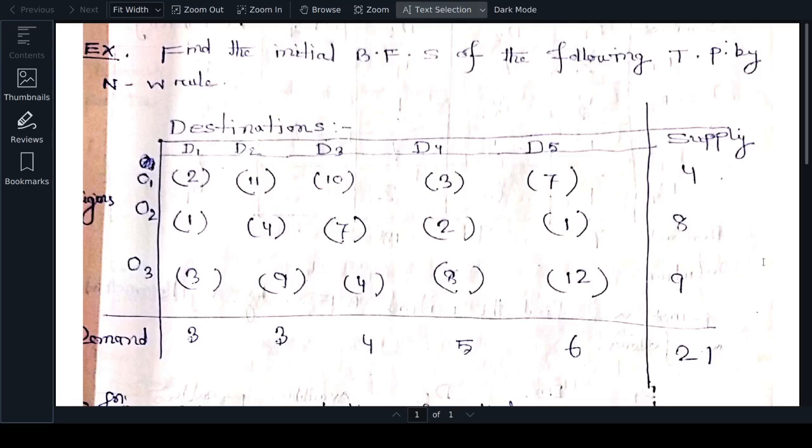For solving a transportation problem, first you check whether the transportation problem is balanced or unbalanced.